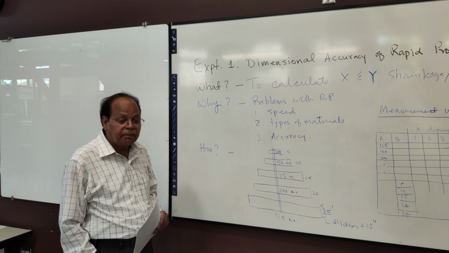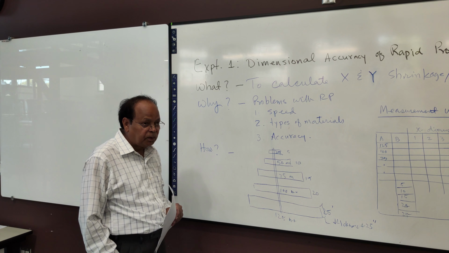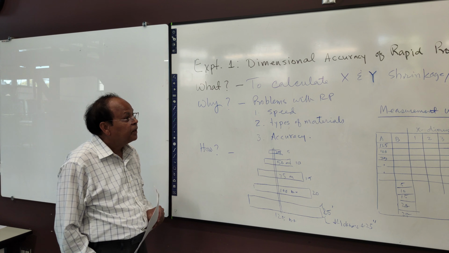One of the most famous ones is the FDM 270. It's fused deposition modeling. We are going to use ABS or PLA materials, and we are going to find out the X and Y shrinkage or expansion factors of the samples that come out of this machine.